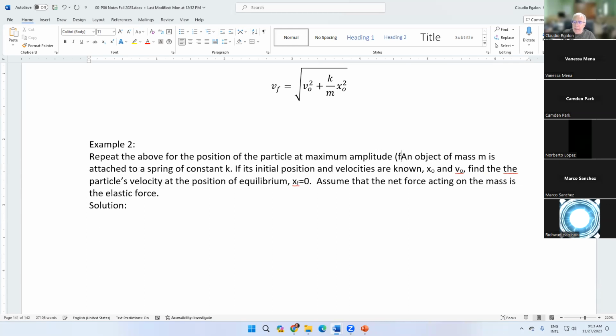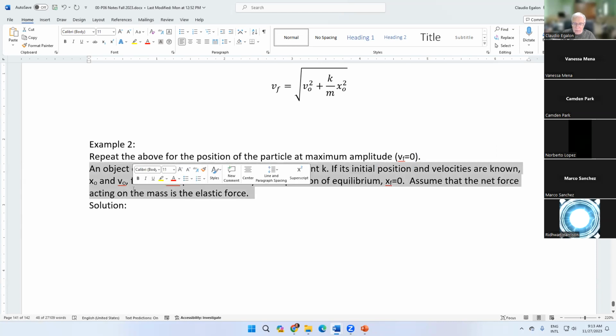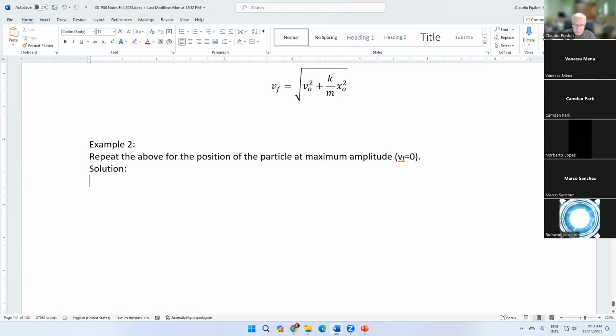Okay, don't forget that at maximum amplitude, vf is going to be equal to 0. Like that. So you try to do that on your own. Okay, I'm not going to, but practice at home.